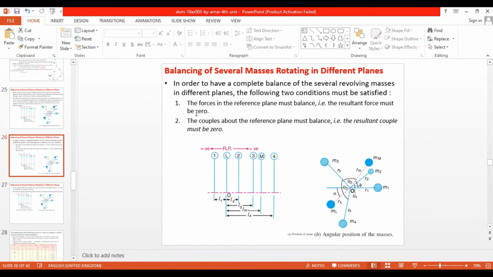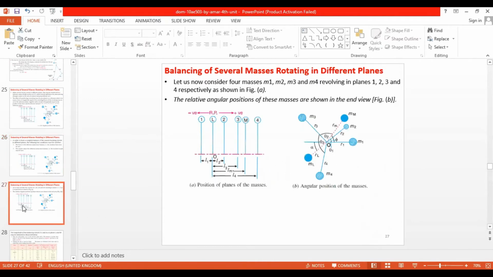Second, the couples about the reference plane must balance, that is, the resultant couple must be zero. As in the second category, one disturbing mass and two balancing masses, the couple must be zero and the resultant force must be zero. These two conditions must be fulfilled.